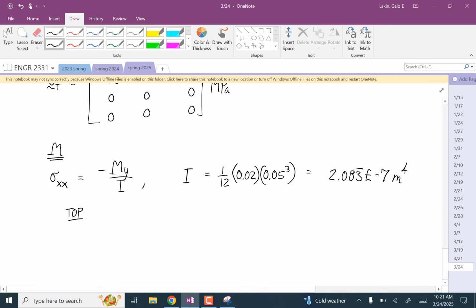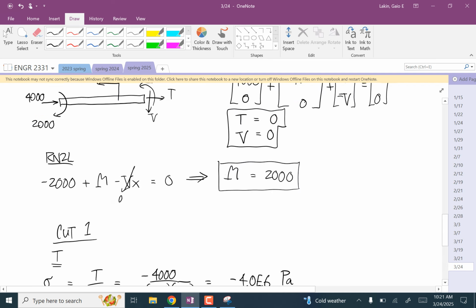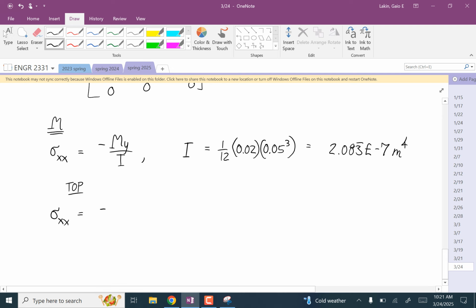So now we'll start with the top. Sigma xx is equal to, the bending moment is positive 2,000. What's y at the top of the cross section? 0.025. Right, the height is 0.05. The neutral axis goes through the centroid, so y is half of that. And then we're dividing by 2.083 repeating times 10 to the minus 7.